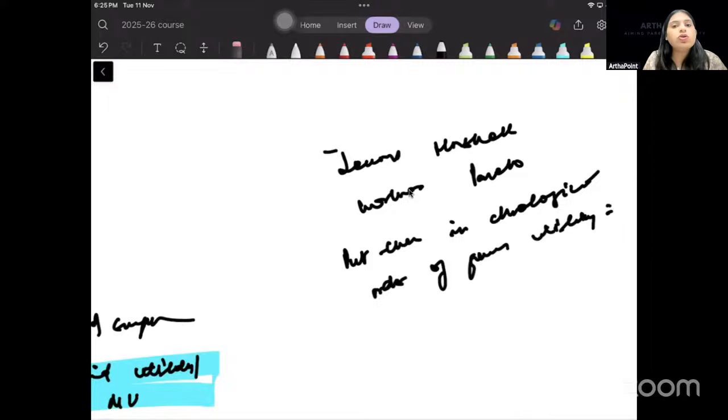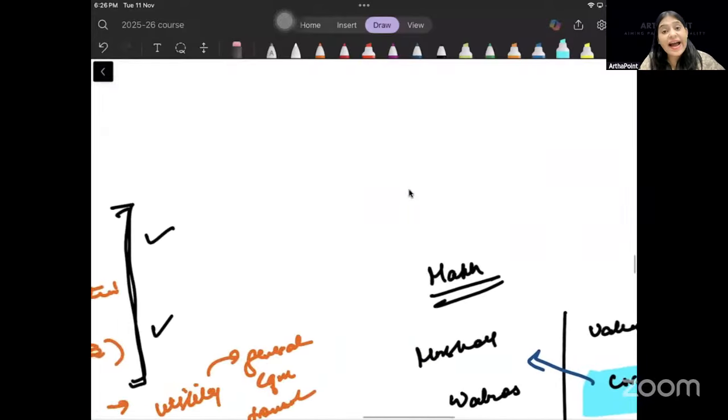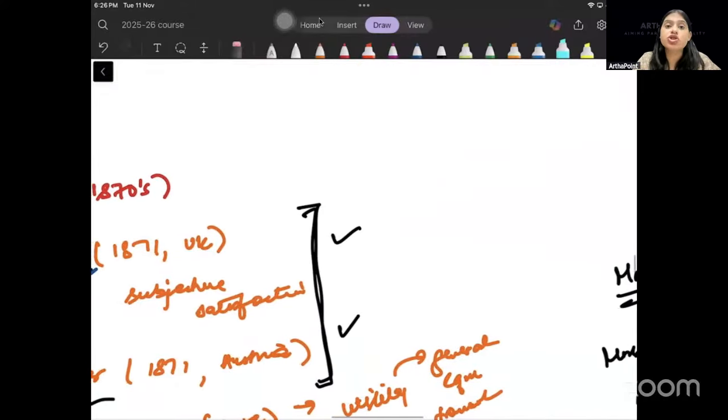We understand all of them talked generally about utility, but you have to put them from earliest to most recent. Then we understand Jevons should be followed by Walras, followed by Marshall, followed by Pareto. So that way you have to remember which gave what in which year. Okay. Pareto I have to explain, don't worry.